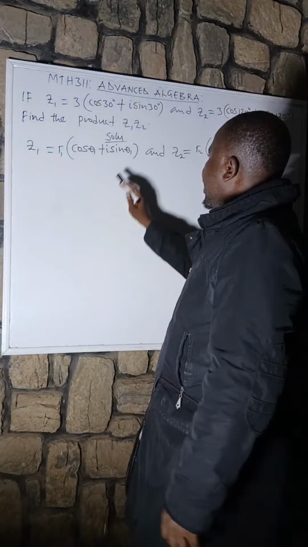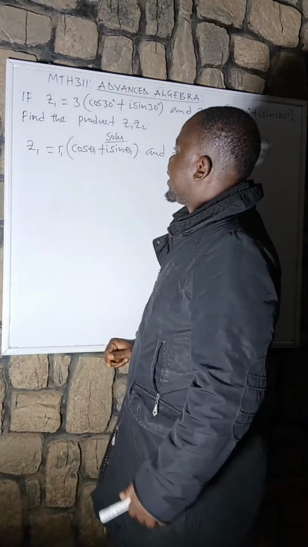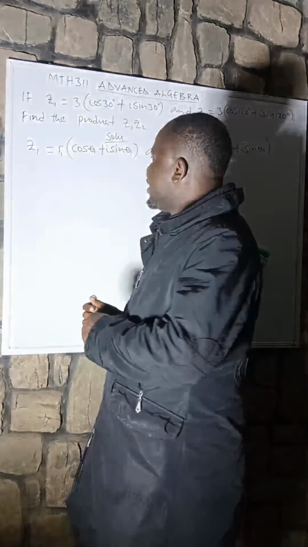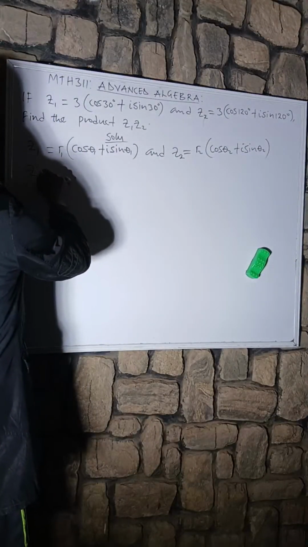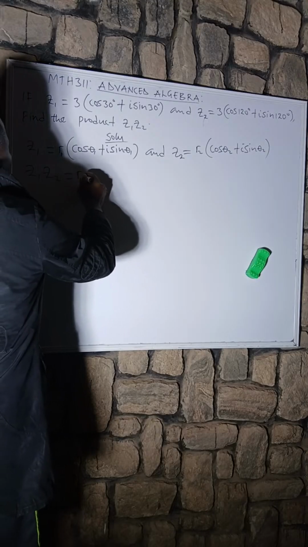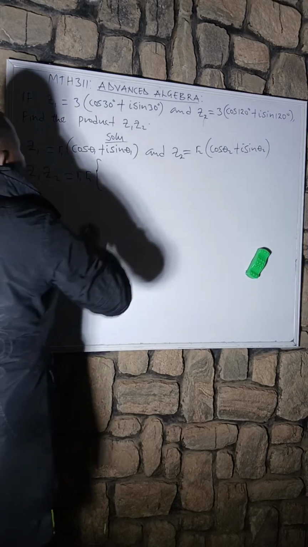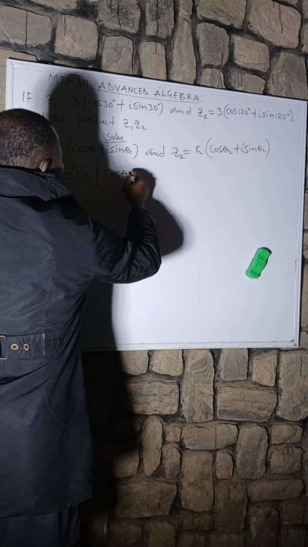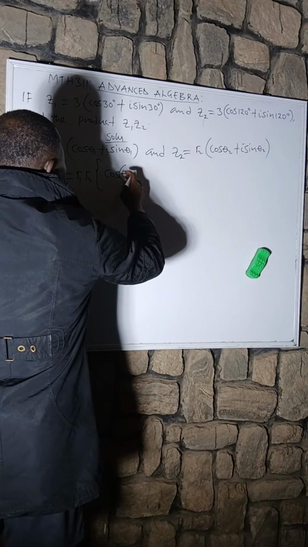If you agree with me, it means if we want to multiply this, Z1 times Z2, this is how we are going to write it. Z1 times Z2 will now equal R1 times R2, open bracket, cos theta 1, all in brackets.